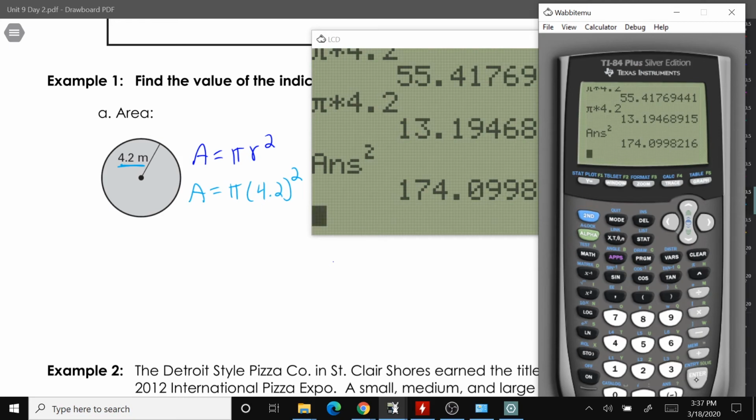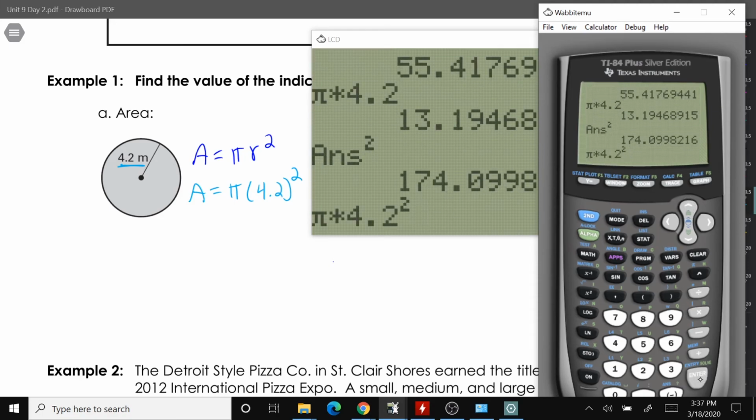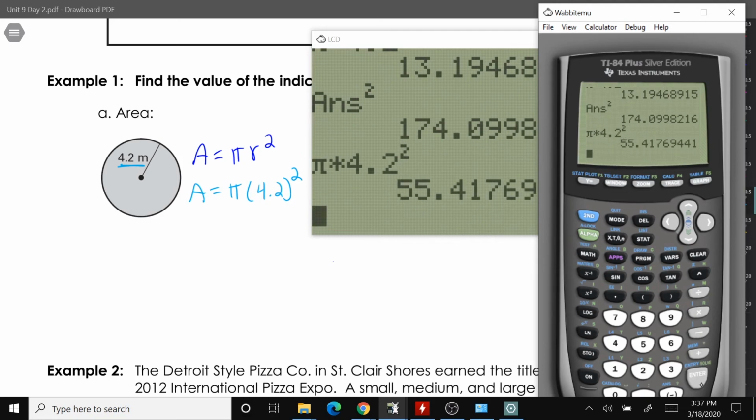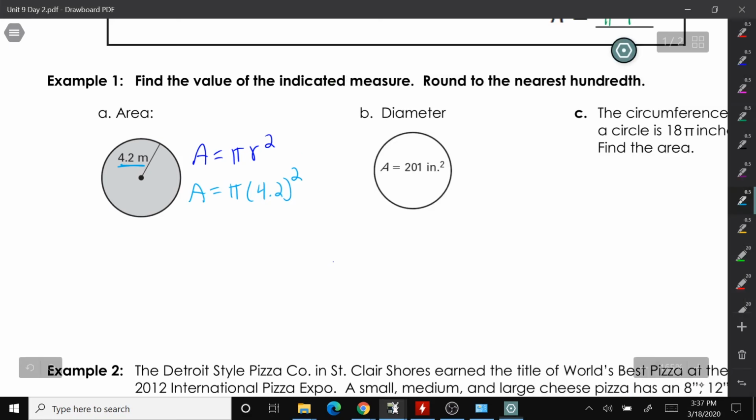No, we're going to only square the radius part. So this is how you want to type it into your calculator. So we get 55.42. So area equals 55.42 meters squared.